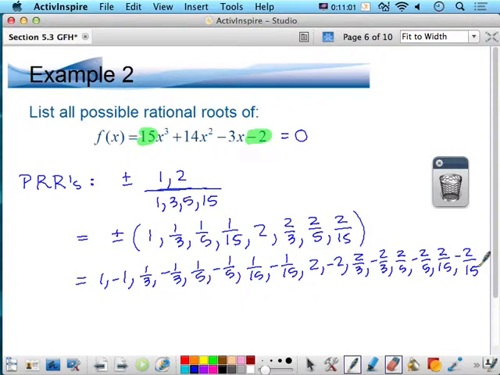So let's count them up and see how many possibilities that was. 2, 4, 6, 8, 10, 12, 14, 16. So it has 16 possibilities for rational roots.